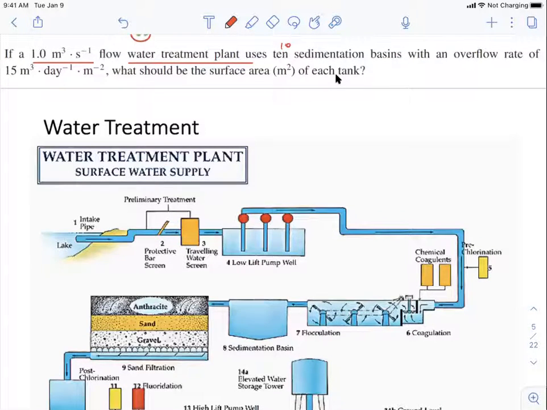And we designate an overflow rate of 15 meters cubed per day per square meter. So this is actually a velocity, so don't be scared by its unit here. It is basically just a meter per day unit. It is asking what should be the surface area of each tank.